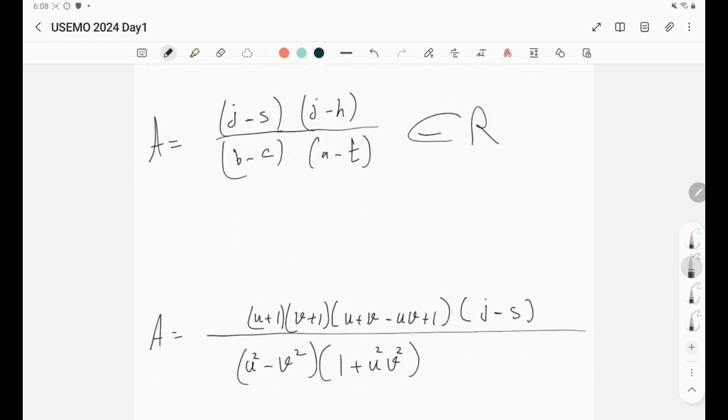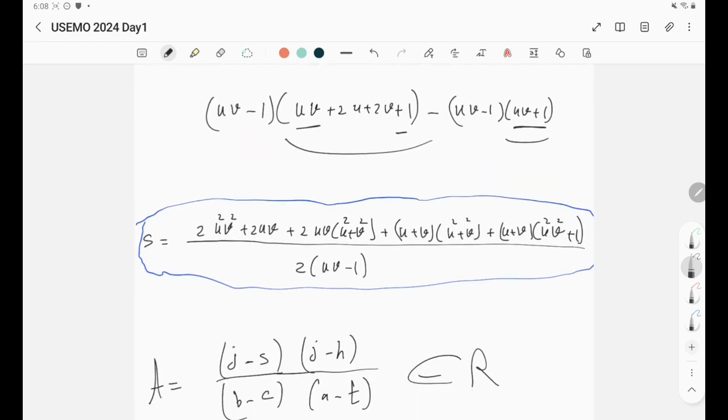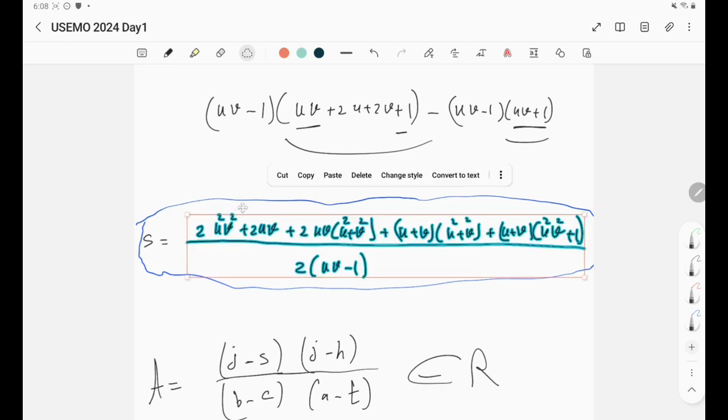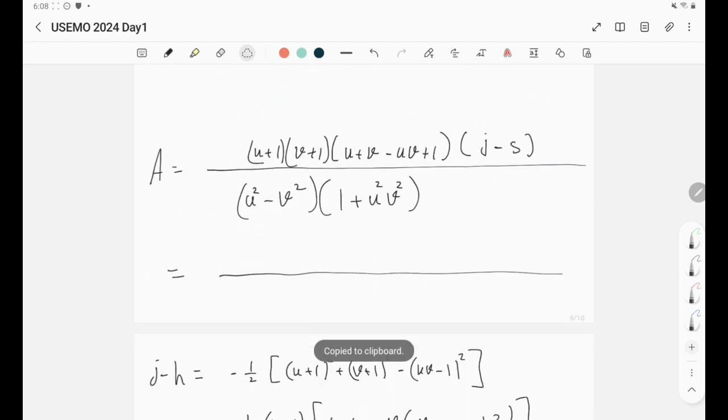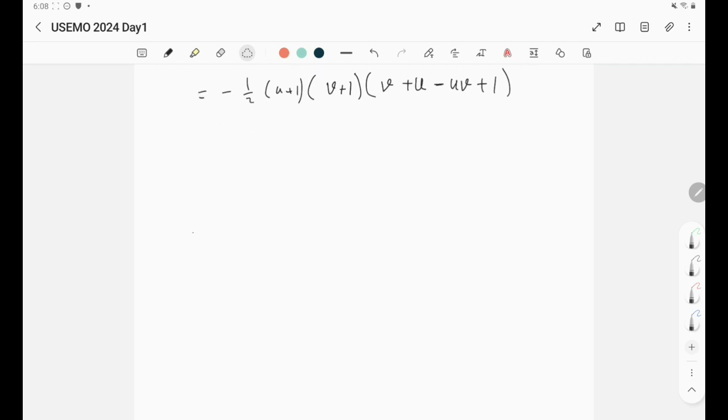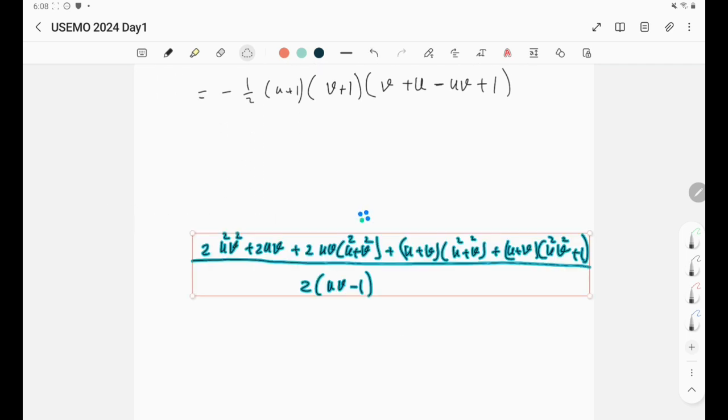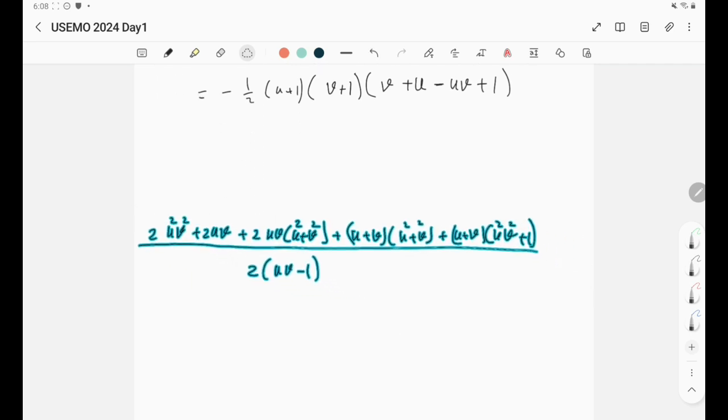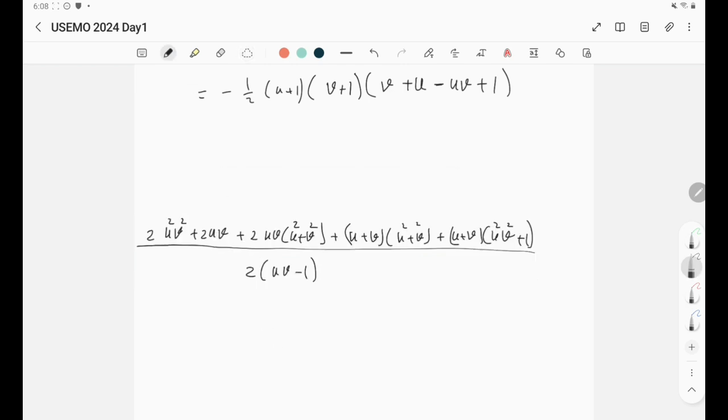So let me grab s. Where was s? Here it is, our s. Let's copy that. Alright, we need to add basically uv plus u plus v times this.